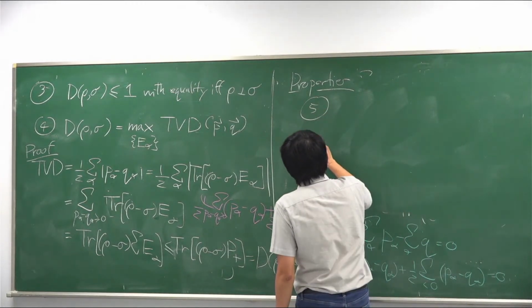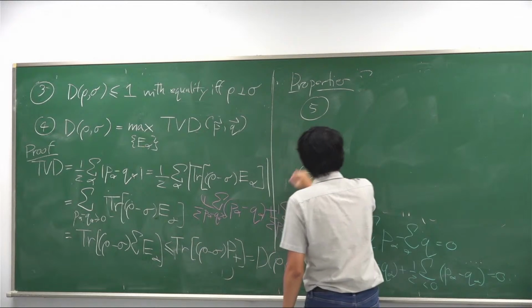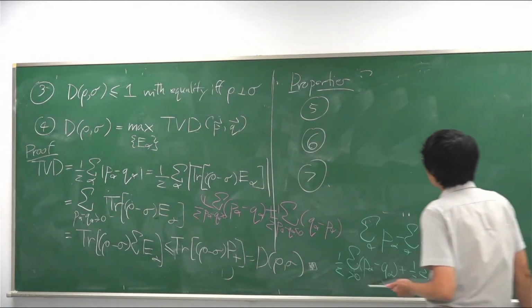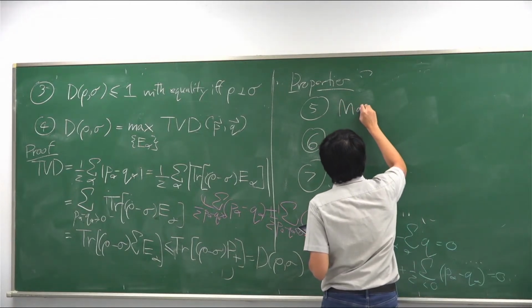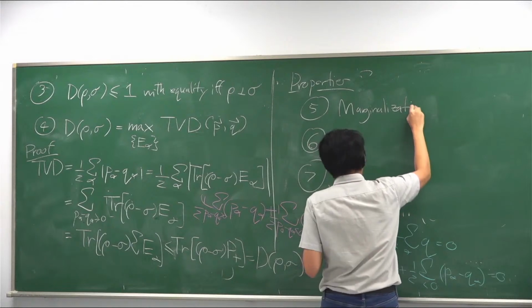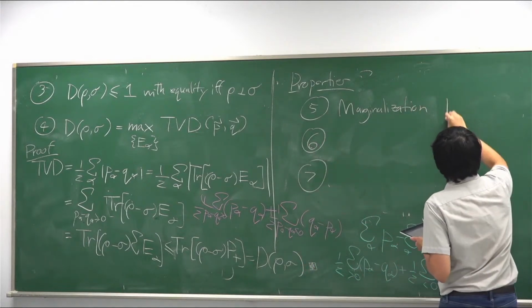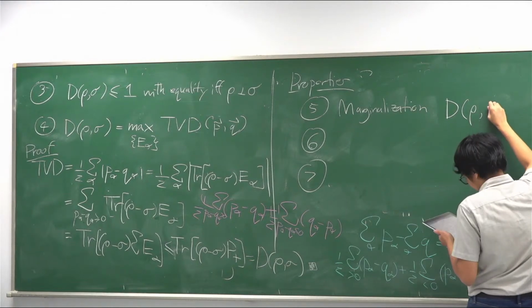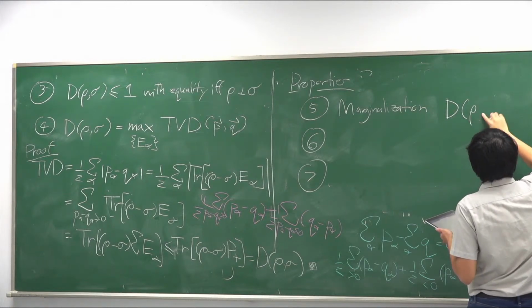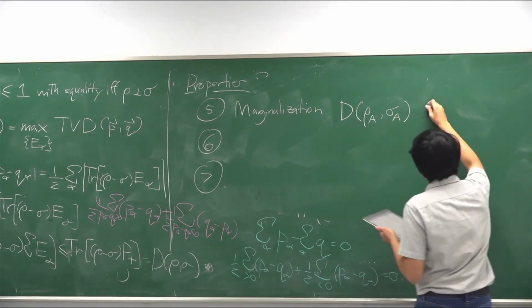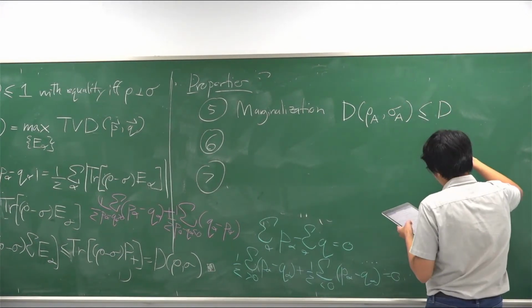Now I have some properties that I will list without proof. Marginalization. So if I take, let me write this first to see if you see what it means.